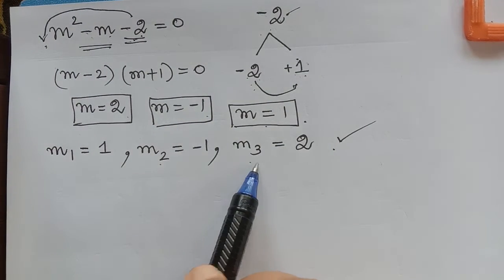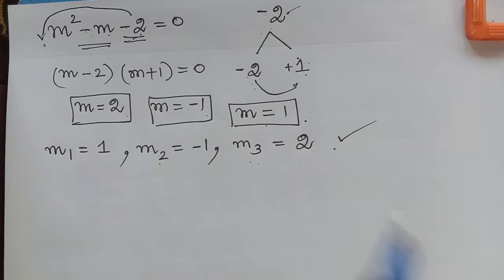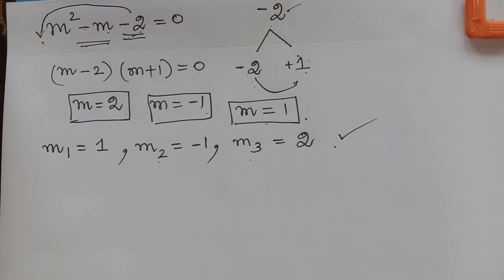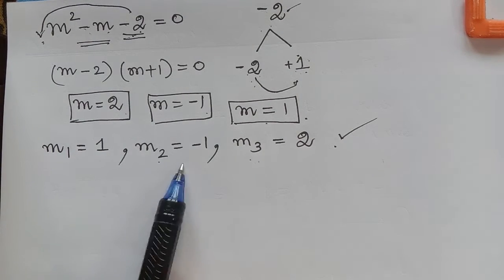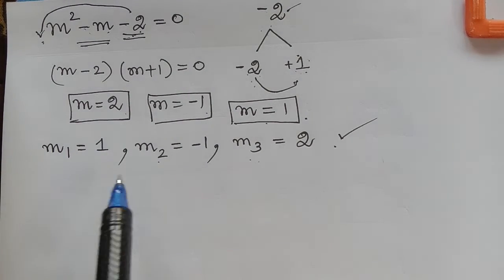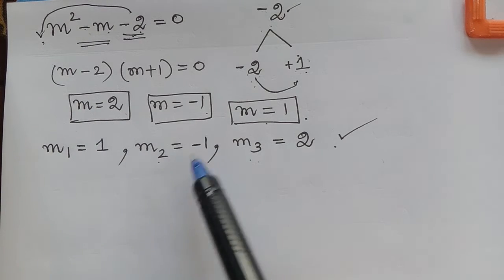The next step is we have to find the value of c. So how will we find the value of c? We should check whether all the three values of m are distinct or equal. If we see here, all the three values are distinct.